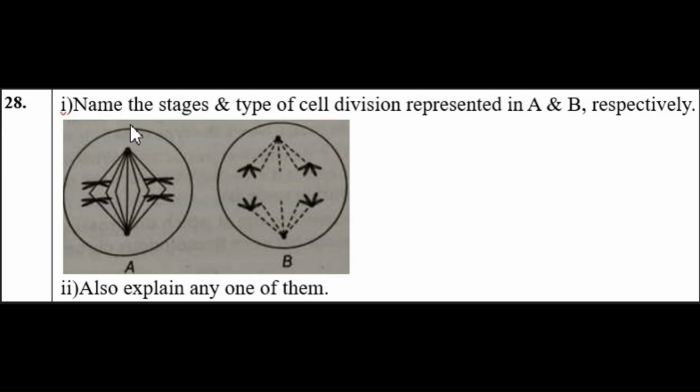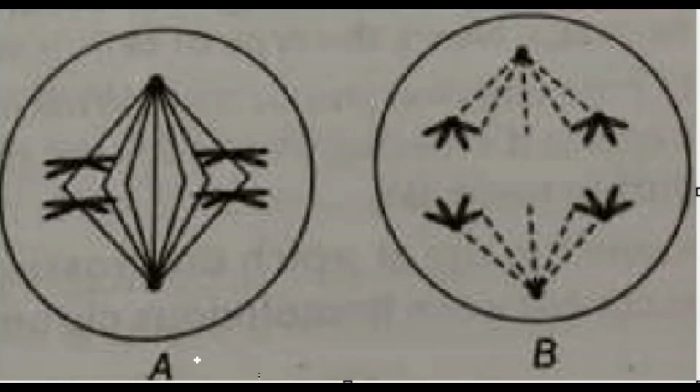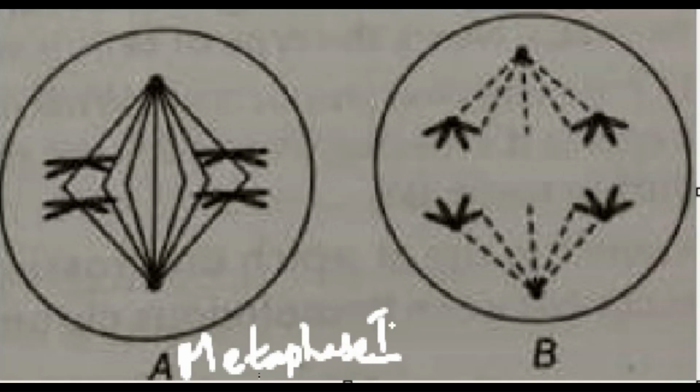Question number 28. Name the stages and type of cell division represented in figures A and B respectively. And the second part of the question is also to explain any one of them. A is metaphase here, and that too metaphase 1 of meiosis.